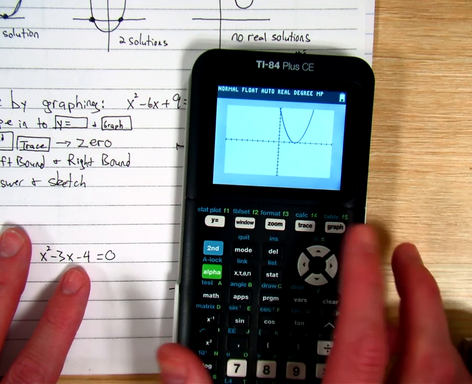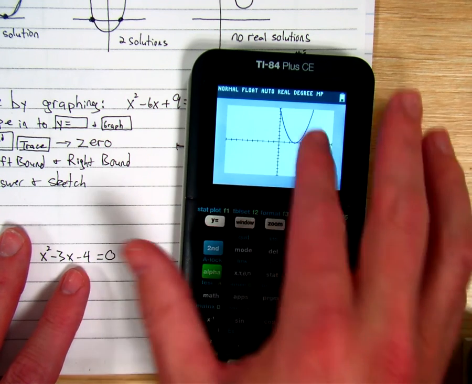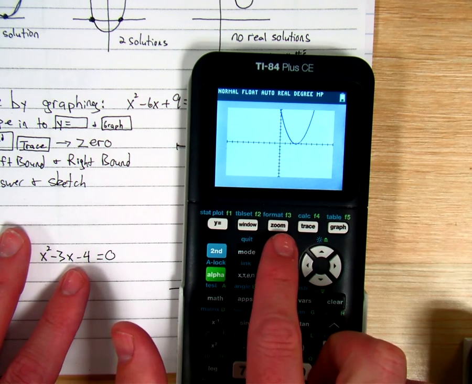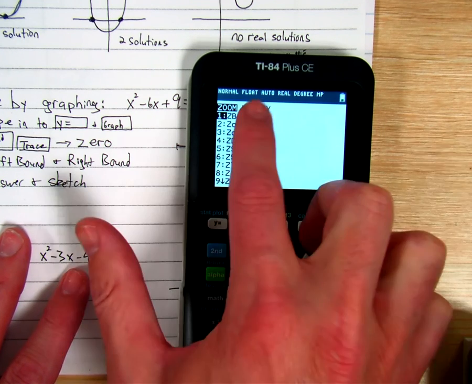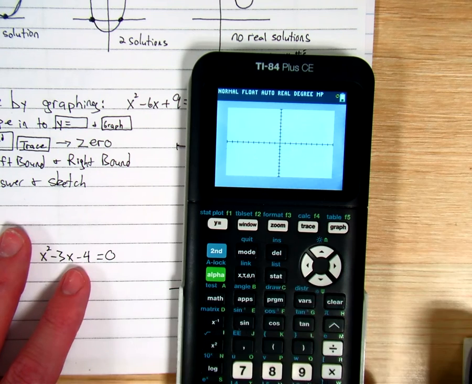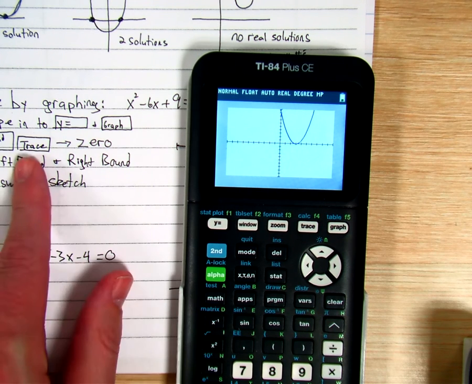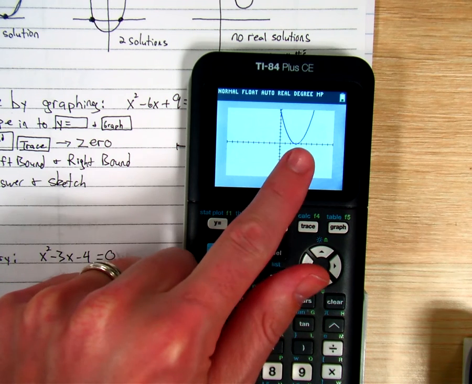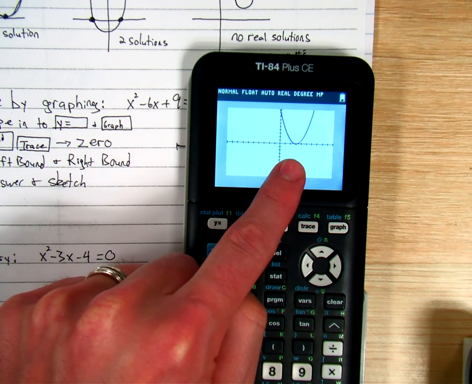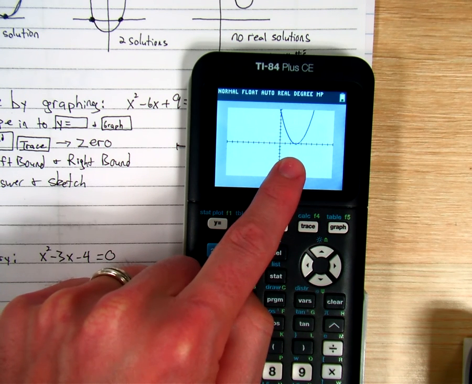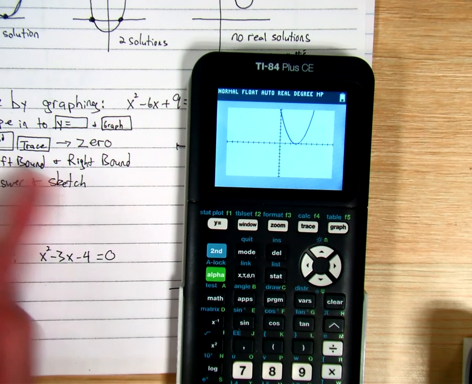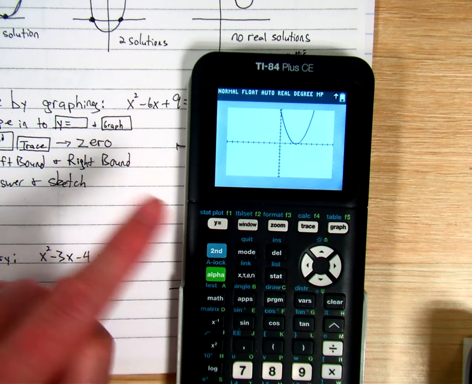If we're off center and you want yours to look like this, zoom, standard. Zoom 6 will always jump you back to this standard screen. Next, we're going to make the calculator figure out what that 0 is, where we touch or cross the x-axis. We're going to go second, trace.